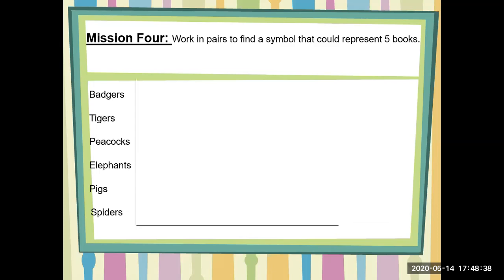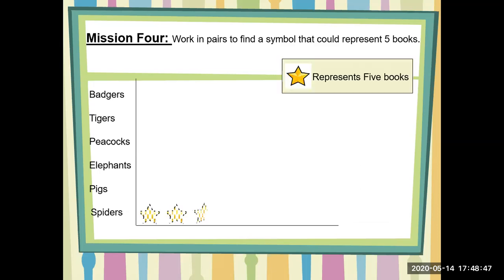So 13 divided by 5, you have 10, remainder 3. So you draw your 2 stars and the 3 sides. Then you have your pigs. Pretty straightforward again. You have to draw your star, just having 2 spikes. Your elephant is 4, pretty easy. You draw the star with 4 spikes.